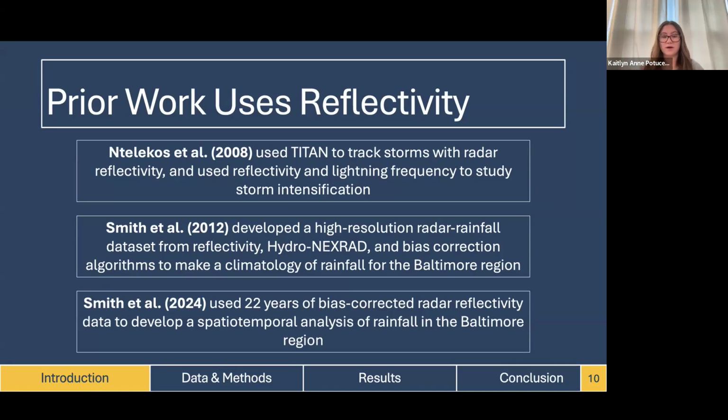Smith et al. in 2012 developed a really nice high-resolution radar rainfall data set using bias correction processes from rain gauges, and I'll talk about why they needed to do that in just a second. In 2024, they expanded upon this climatology and introduced more dual pole radar variables for the last half of this 22-year period, to create an even longer climatology to analyze rainfall in the Baltimore region.